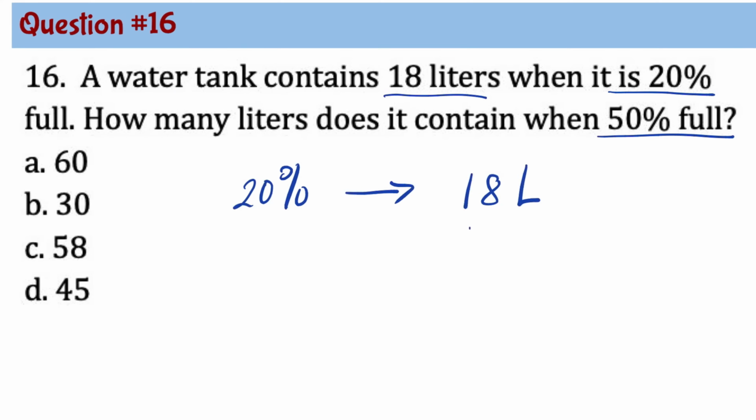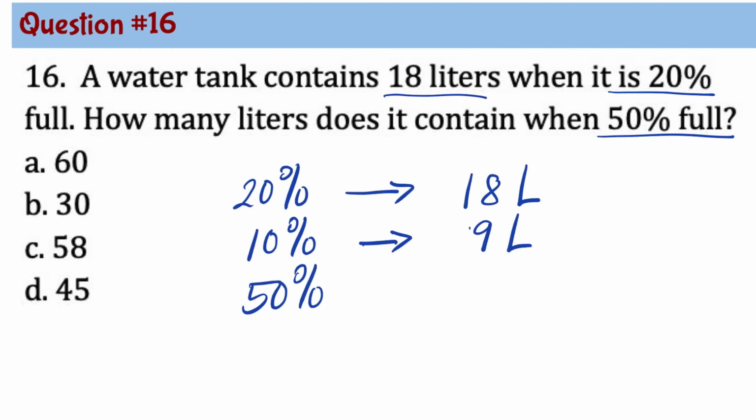This means that if I make it 10%, which is half, it will be 9 liters. So 50% means you simply multiply it, and that gives you 45 liters. So the answer is letter D, 45 liters.